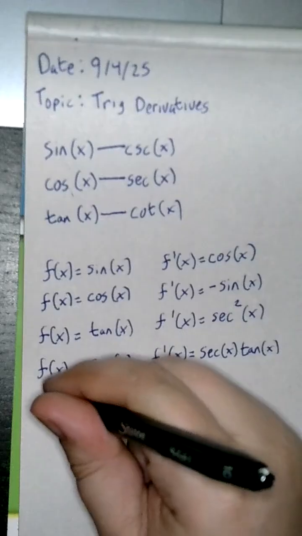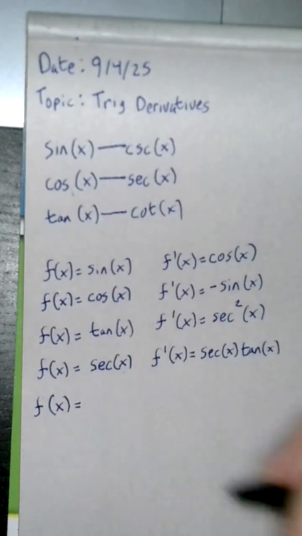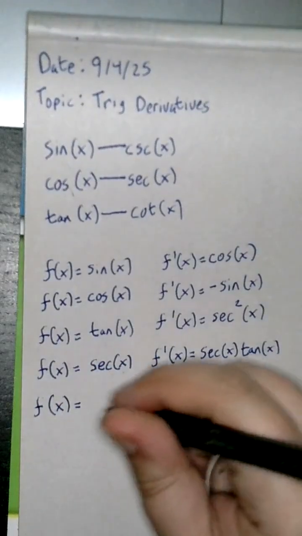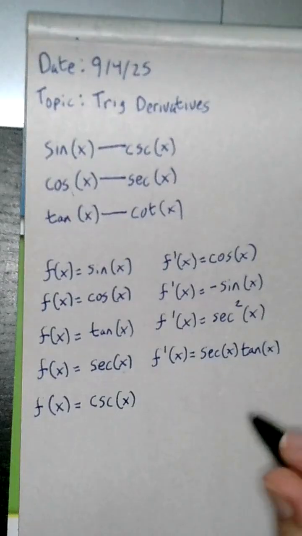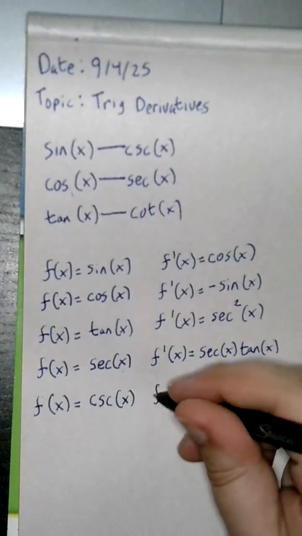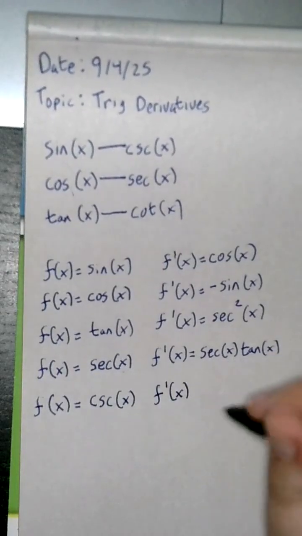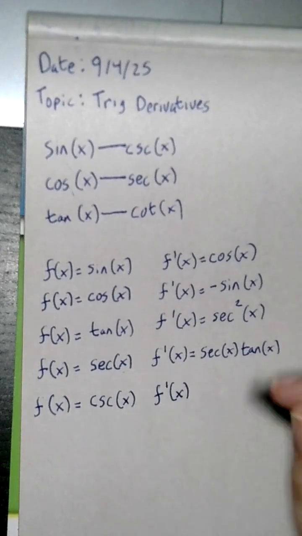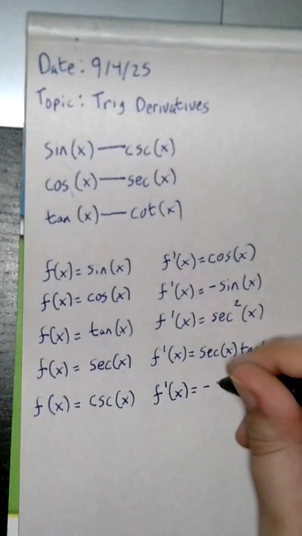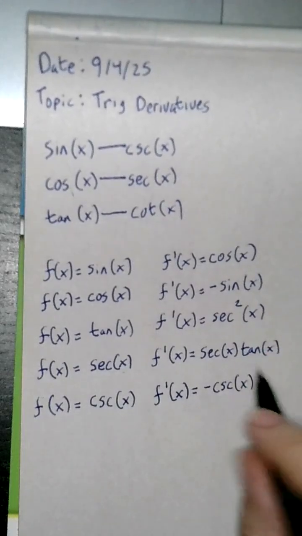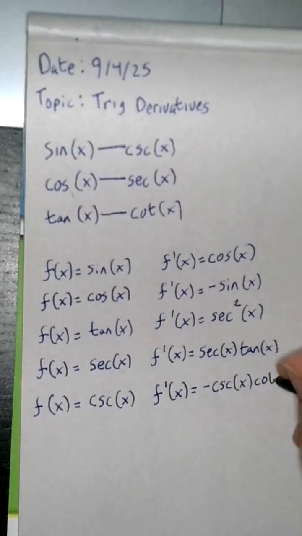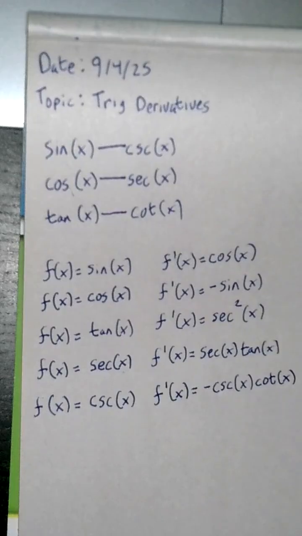So now, we have two more trig functions to go. The derivative of cosecant is going to be, just like secant, it's going to appear in its own derivative, negative cosecant, and then instead of tangent, it's going to be cotangent of x.